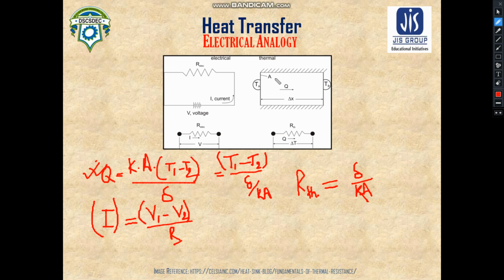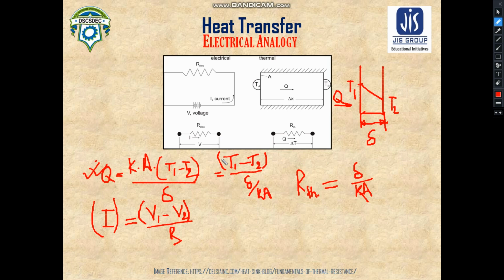Now according to the condition where we had taken a plane wall and the heat transfer was defined by the straight line like this, and the heat transfer was Q, the plane wall had a thickness of delta.